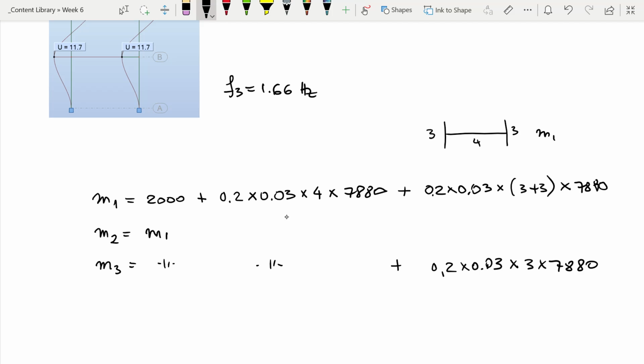And I should calculate. So this is 0.2 times 0.03 times 7880 times 4 plus 6, 10, plus 2000 equals 2473.